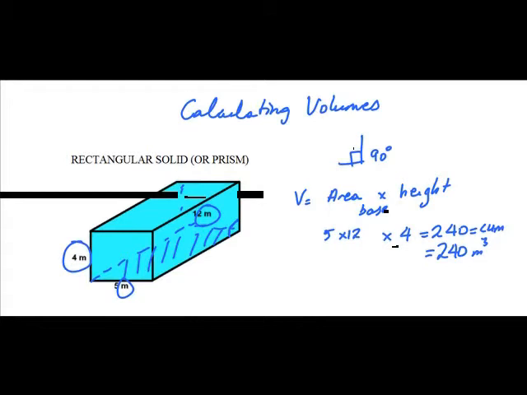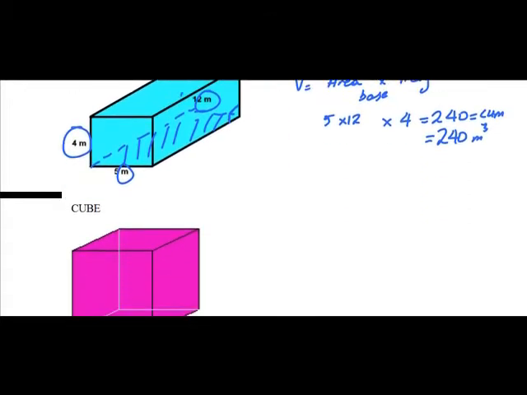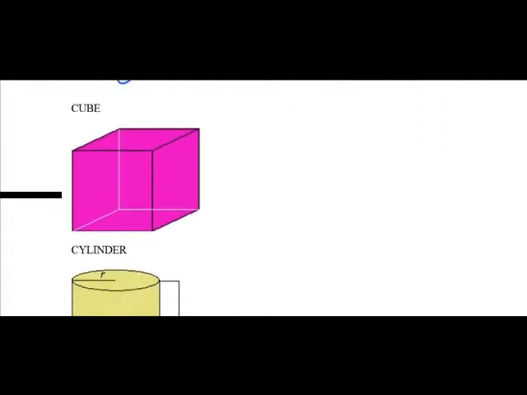Let's do another one. Let's say we are looking at a volume of a cube. Again, the volume is going to be, since the sides are 90 degrees to the base, area of the base times height. The base is that surface that it is sitting on, okay?